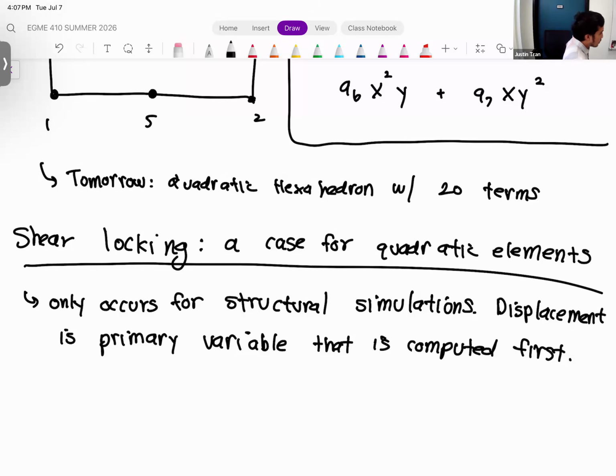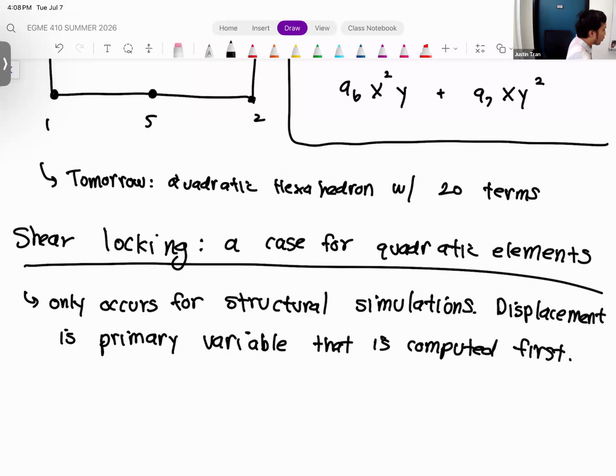So the first thing that's computed when we do our finite element solution in structures is the displacement. And then every other quantity that you can view in a structural simulation is all derived from the displacement, okay? Or deformation, displacement, deformation. I use those terms interchangeably.